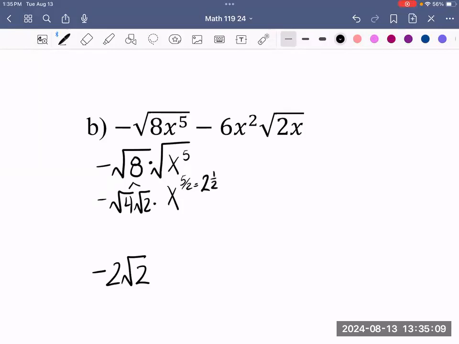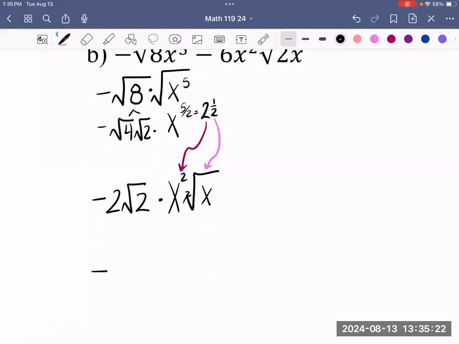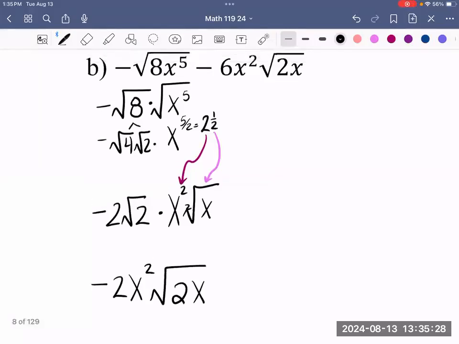So this was really x squared and the square root of x. The square root being this one, and the 2 being that one. So bringing them back together, you have negative 2x squared times the square root of 2x.